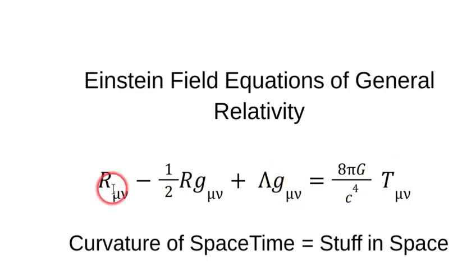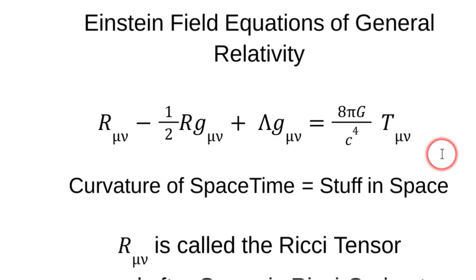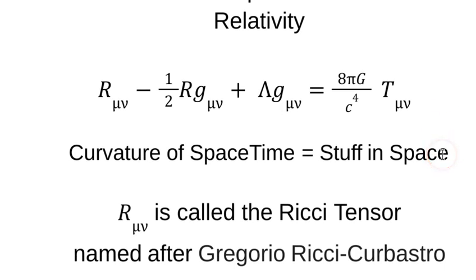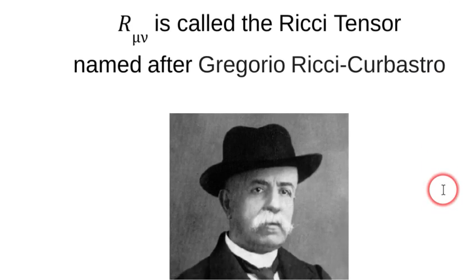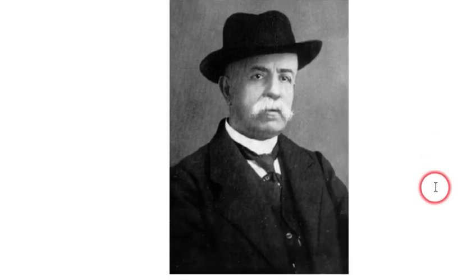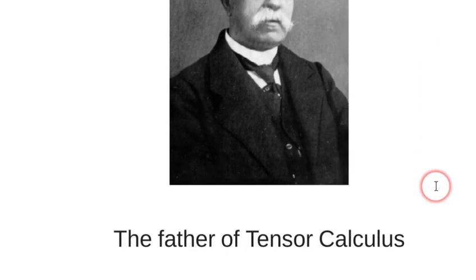All right. So the Ricci tensor was named after Gregorio Ricci-Curbastro, a handsome lad. Who is the father of tensor calculus? Tensor calculus is the language of differential geometry. So that's why we study this stuff. It's complicated, but if you don't know the language, you can't study the math.